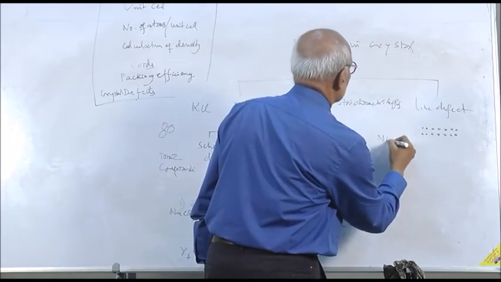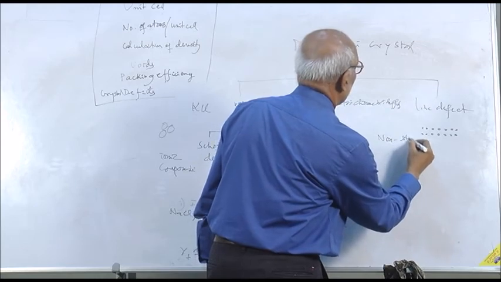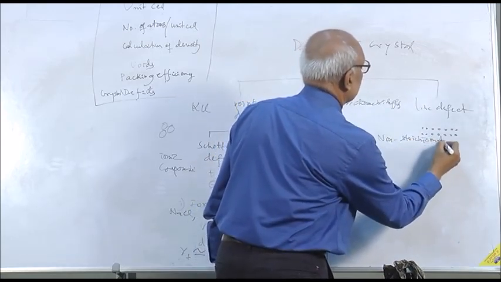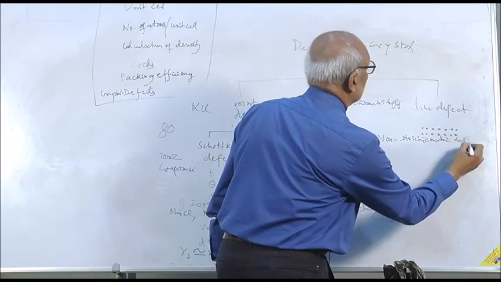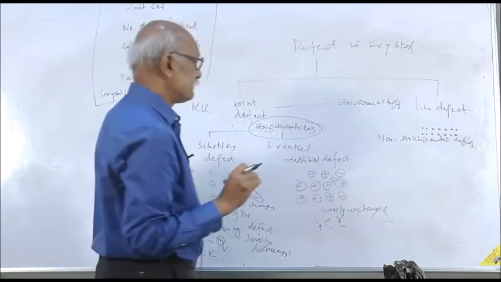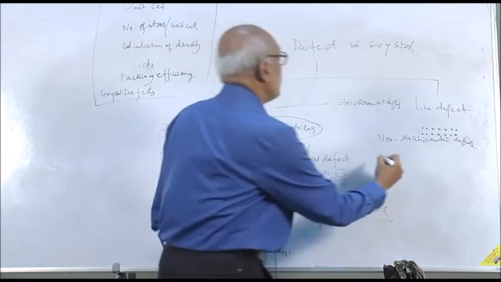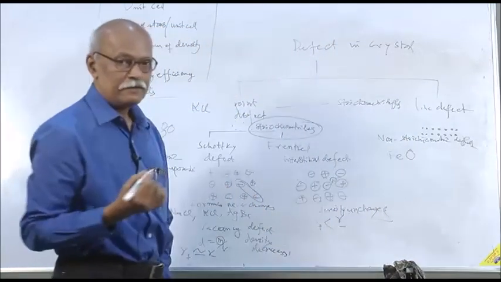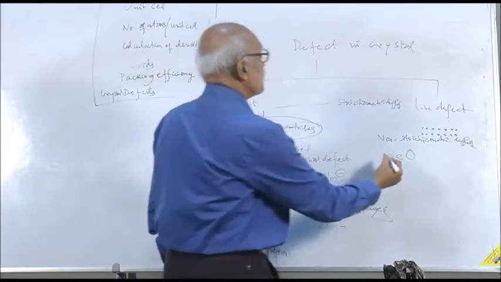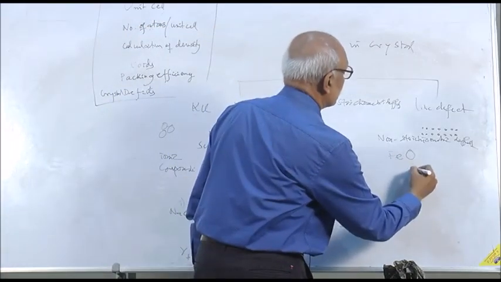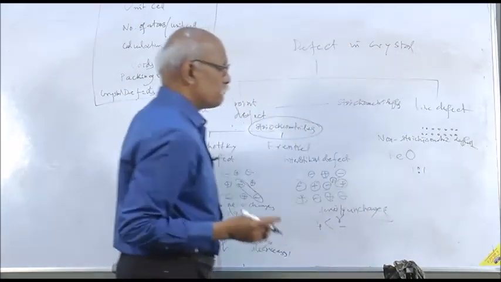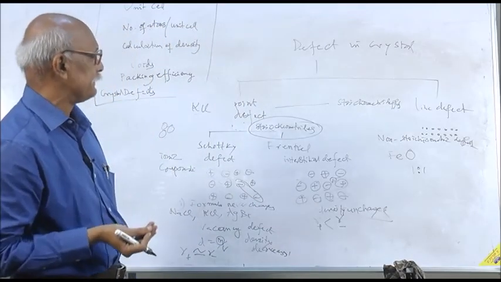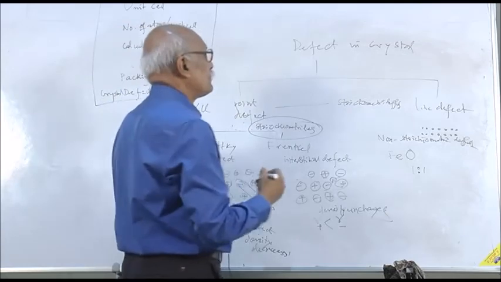Non-stoichiometric defect. You see, in this case, the formula changes. Let us take an example of ferrous oxide. The formula is FeO, that means the atoms or ions are in the ratio 1:1. But we cannot prepare the compound like this; we get it in a defective form, that is a non-stoichiometric compound.